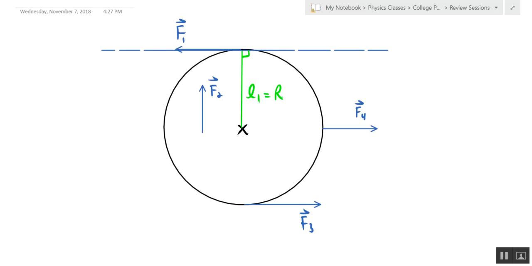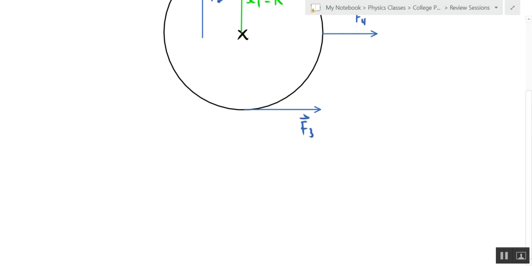We can also figure out the direction of the torque, because that's the thing we also have to figure out. If F1 was the only force there, which way does it cause the disk to rotate about the center? It'll be counterclockwise, like this. So it's a positive torque. I'll write that down in a minute, but let me just sketch out all the torques.